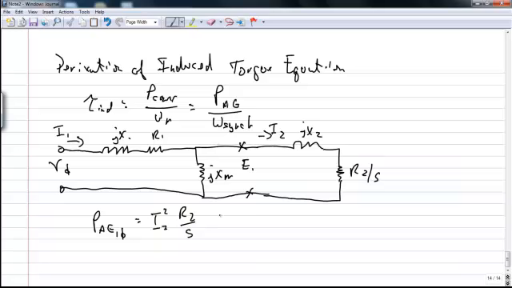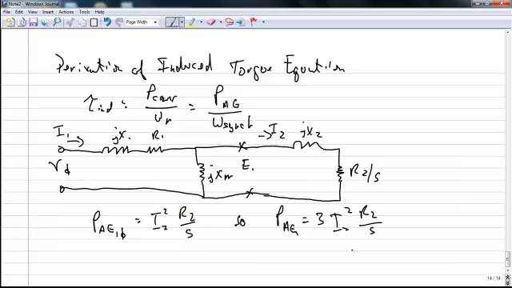So once we get to this point where we measure the voltage E1, we've crossed the air gap. So the total air gap power for all three phases is equal to 3 I2 squared R2 over s. So this means if we can determine I2, we can determine the air gap power and the induced torque.